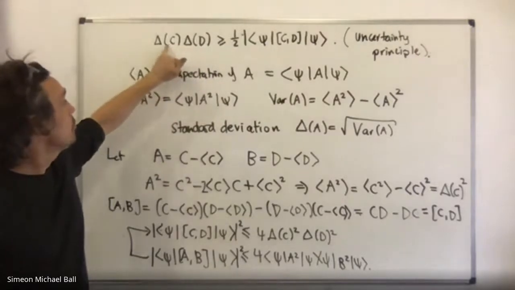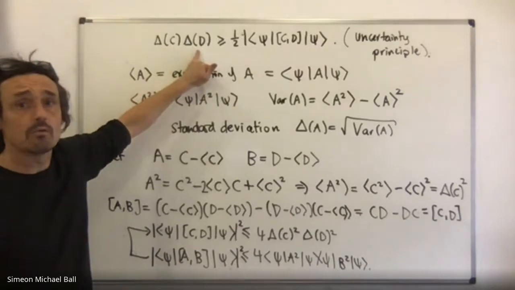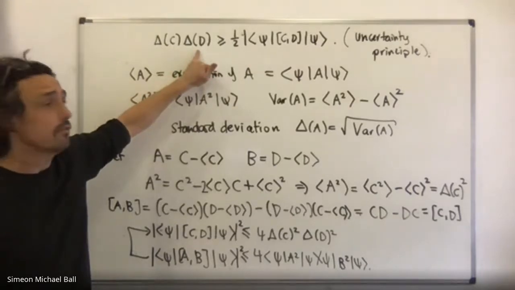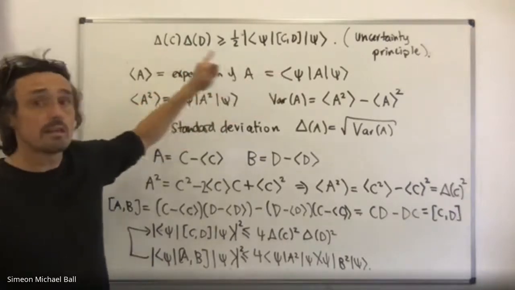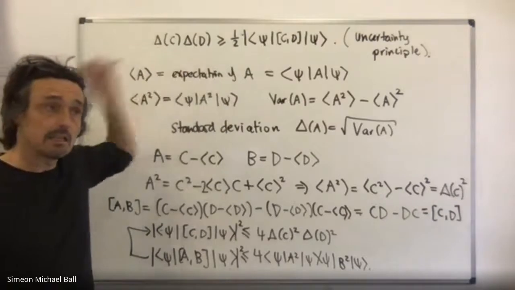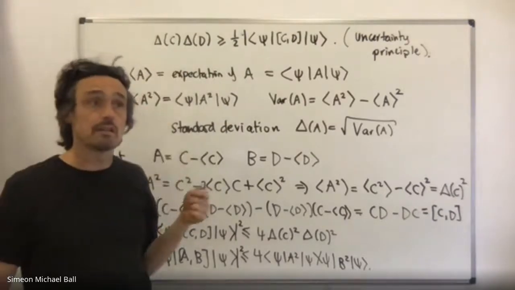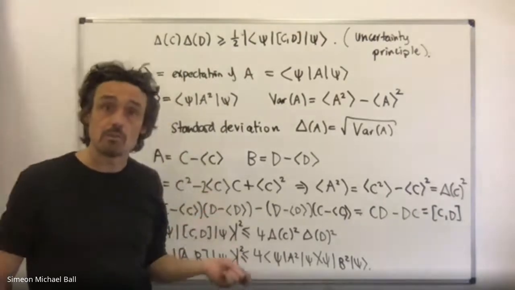The more accurately I get the results from C, the more the results deviate from D. So in the classic Heisenberg uncertainty principle, C is the position operator, and D is the momentum operator.